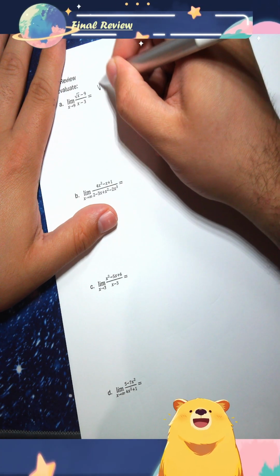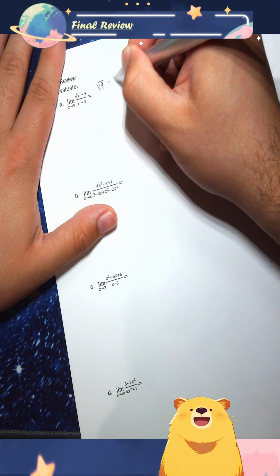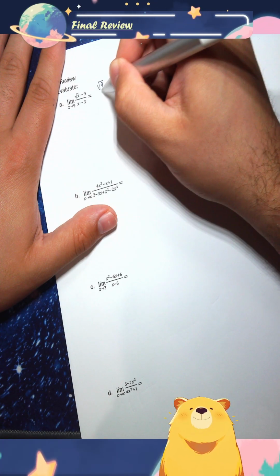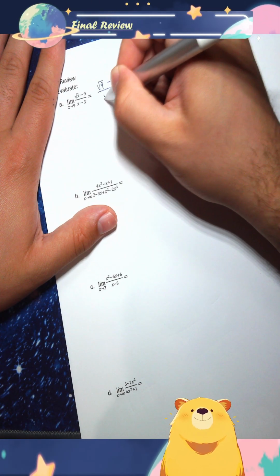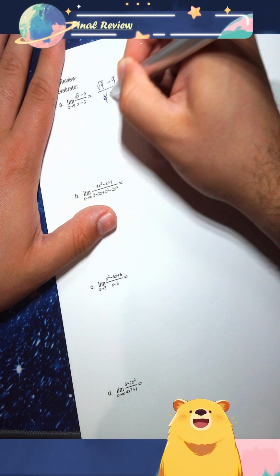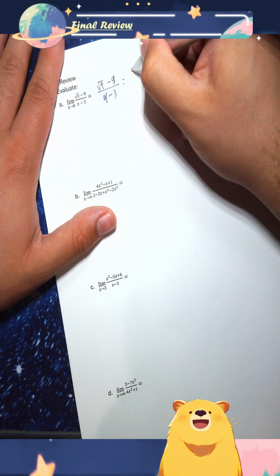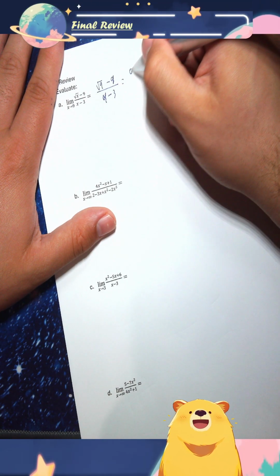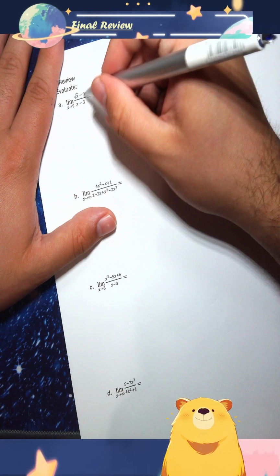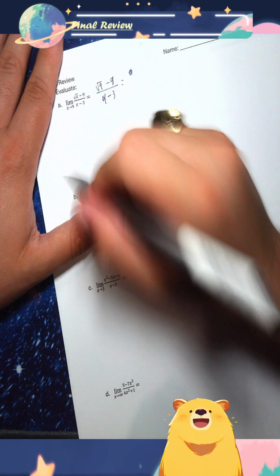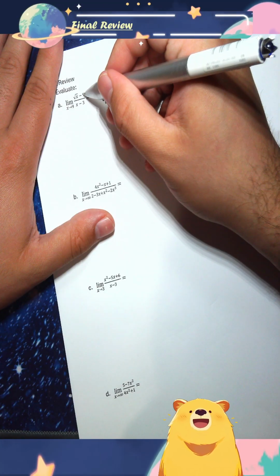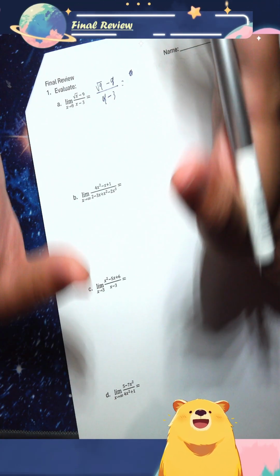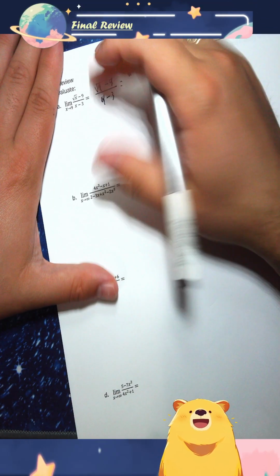You'll have square root of 9 minus 3 over 9 minus 9, you'll get 0, and you'll get 0. This is probably a typo, because that seems like it'd be 3 and that seems like it'd be 9. To make sure, we guess we'll do both.